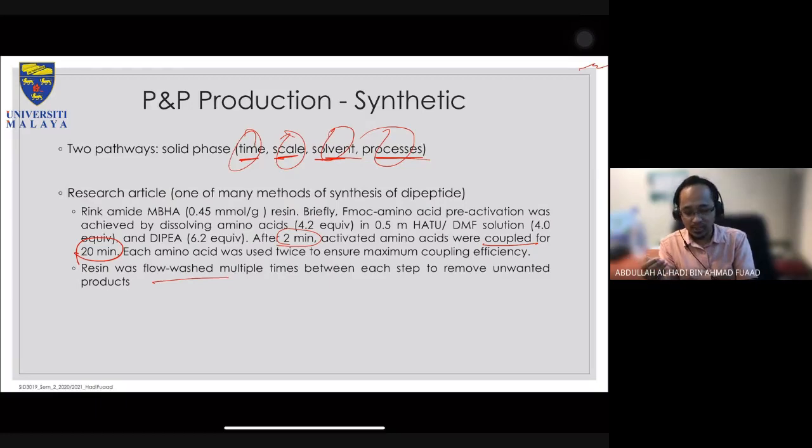Of course, one of the processes that is different between a solution phase and a solid phase is the resin, this resin up here, which is the solid support, the black dot that I've drawn in the previous slide.